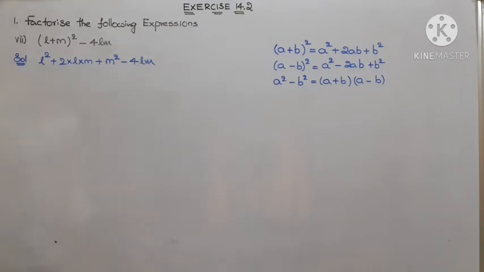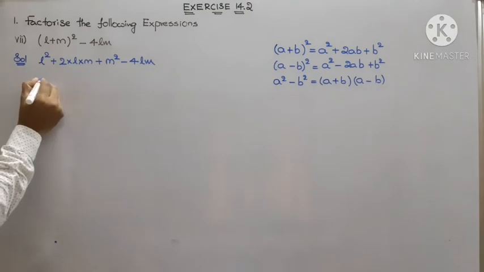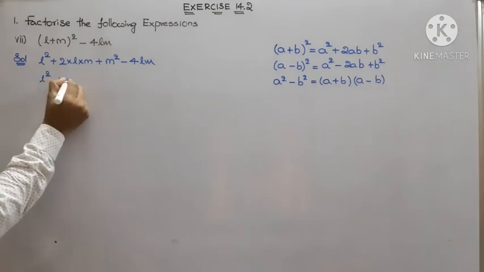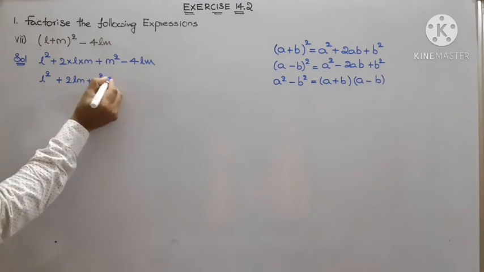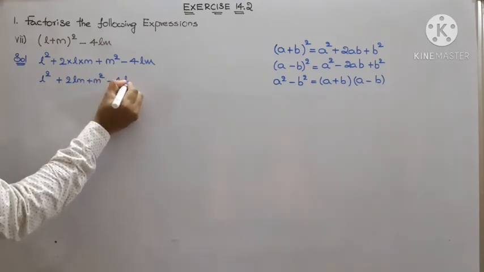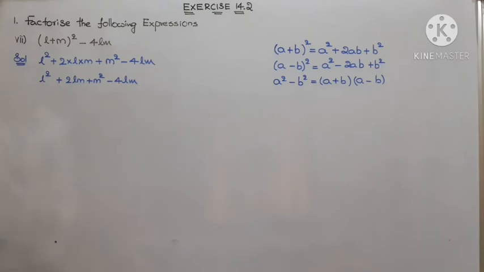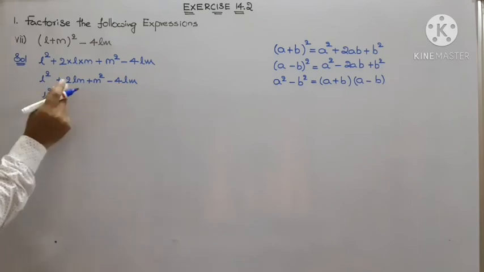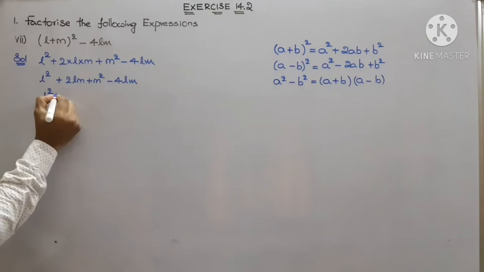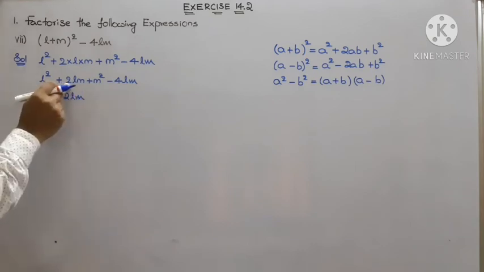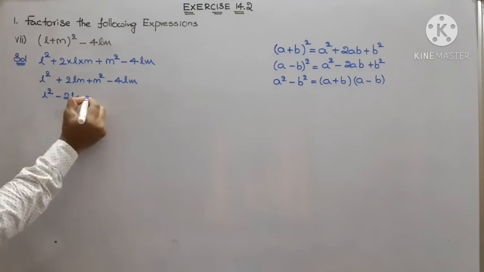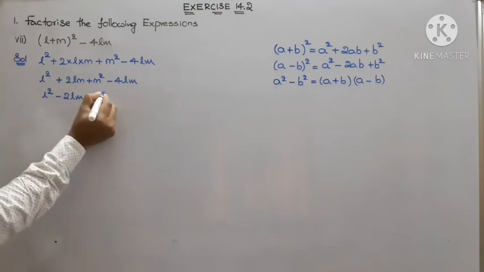So L square plus 2lm plus m square minus 4lm. So L square plus 2lm minus 4lm gives minus 2lm, because they are like terms, plus 2 minus 4 is minus 2lm, plus m square.